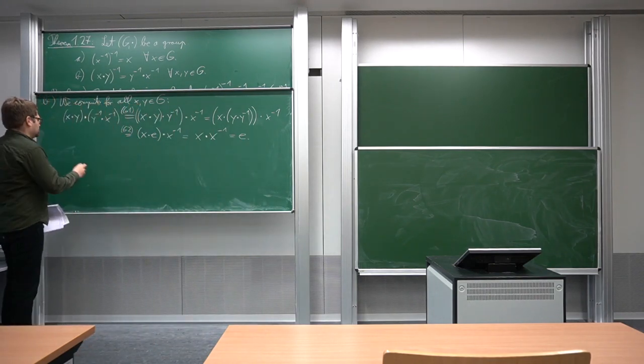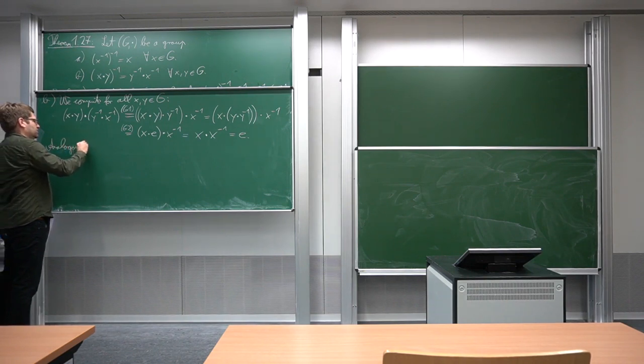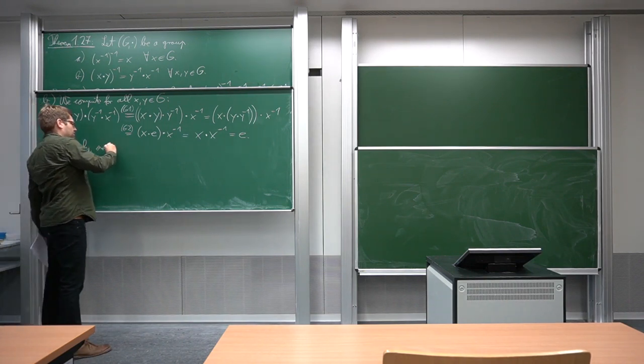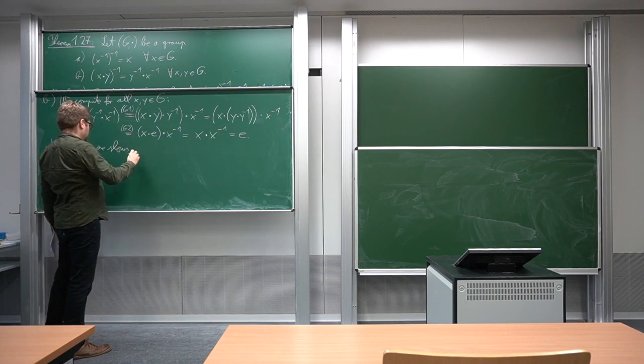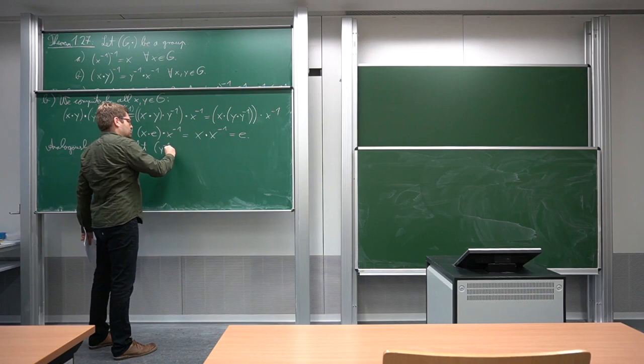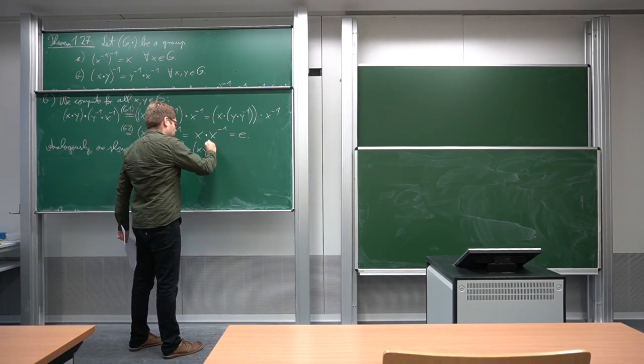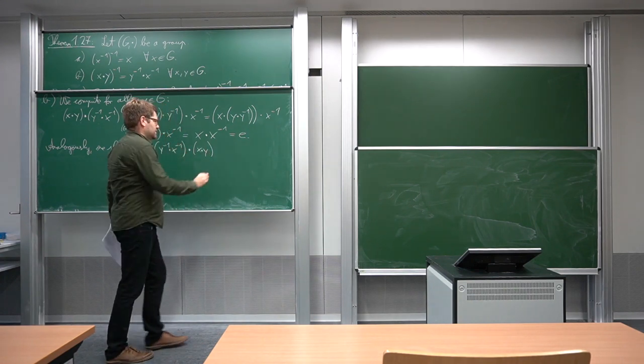Okay, and the other thing that we need to show, so this is one property of the inverse, but completely analogously, so I won't do this computation now, one shows that the other way around, y^-1 times x^-1 in parentheses times x dot y, that this is indeed e.